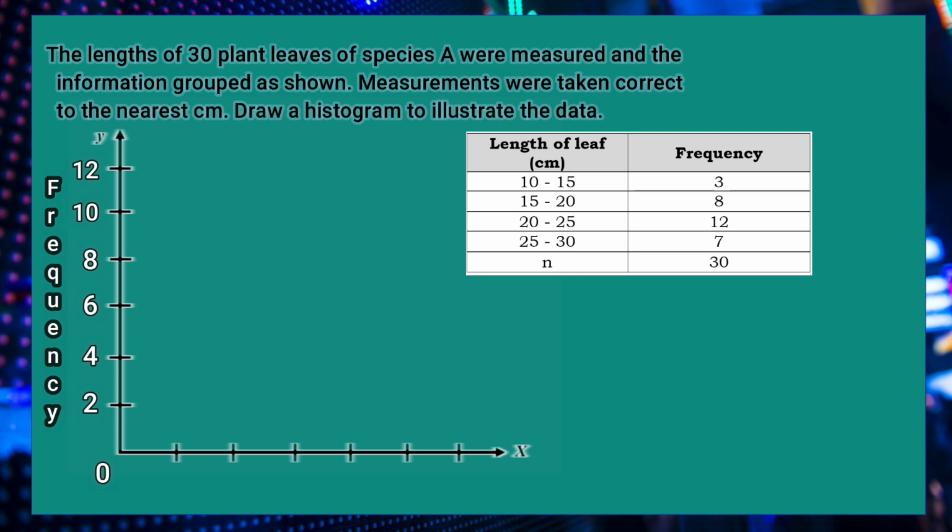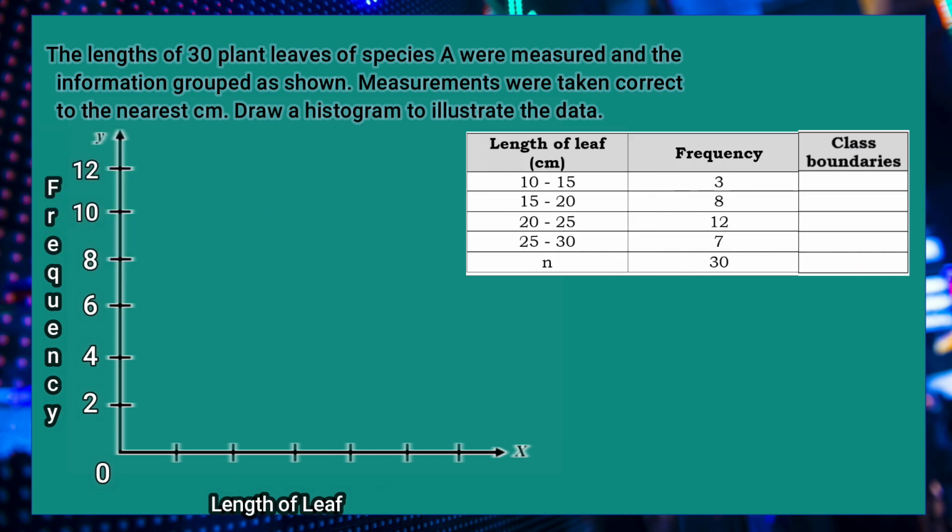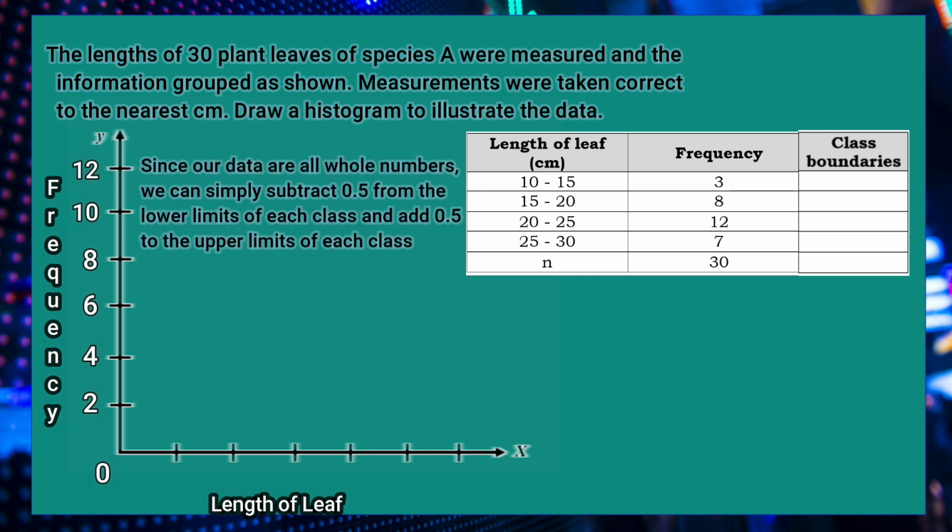The x-axis is going to represent the length of the leaf. Consecutive bars in the histogram touch one another. So before we label the x-axis, we need to calculate the class boundaries for each class. We can't use the class limits because technically, there would be a gap between the bars. Since our data are all whole numbers, we can simply subtract 0.5 from the lower limits of each class and add 0.5 to the upper limits of each class.